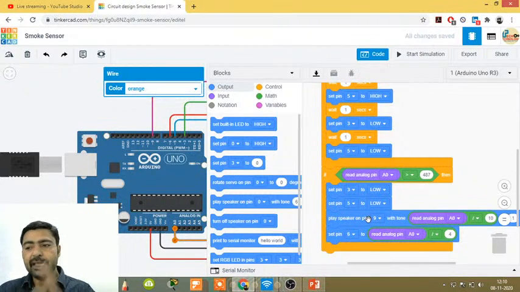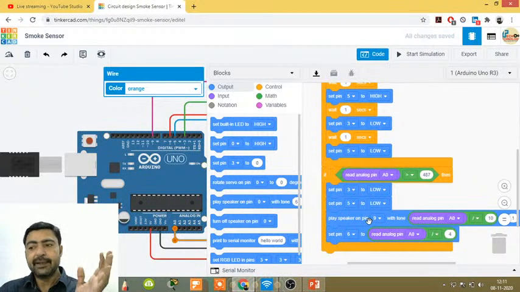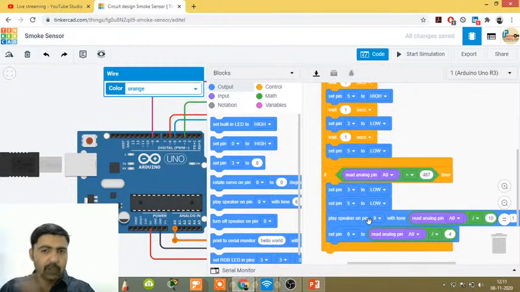In the same way, the piezo speaker will be sounding, which will also be directly dependent on the intensity of the concentration. So whatever the analog value is will directly glow the LED and sound the speaker based on the intensity of the gas.